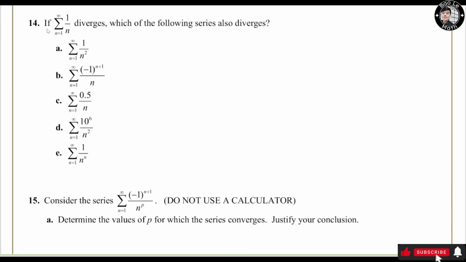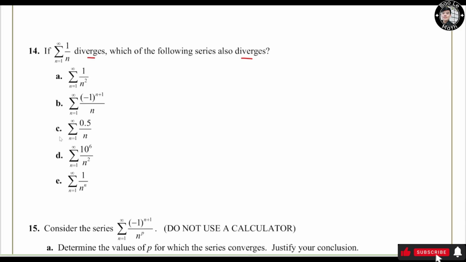Now question 14. If this series diverges, which of the following series also diverges? The answer is obviously C. Why? Because we can rewrite this one as 0.5 times the series 1 over n, right? So the constant right here does not affect the convergence.